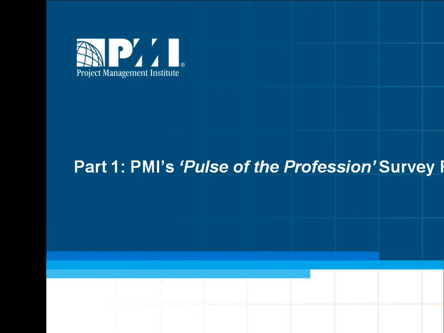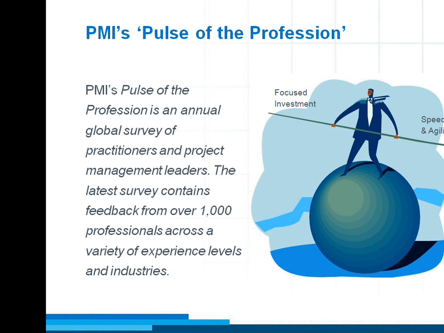PMI conducts a survey called Pulse of the Profession. This survey is an annual global survey participated by thousands of professionals across the world. And these professionals come with a variety of experience levels from various industries. The survey conducted recently has been published at the PMI website.